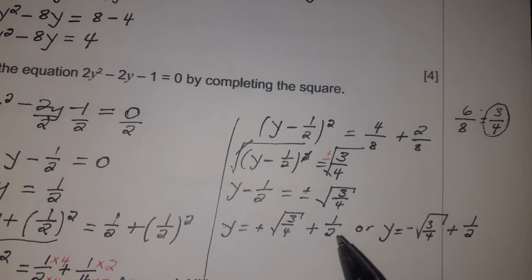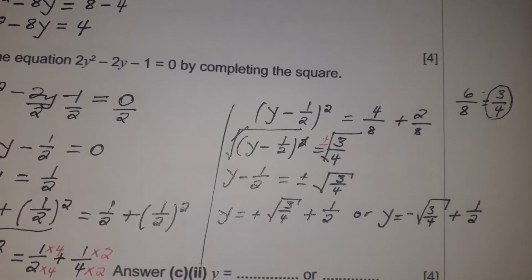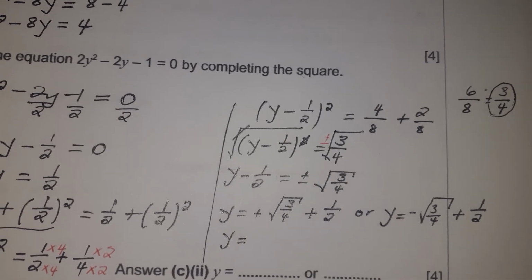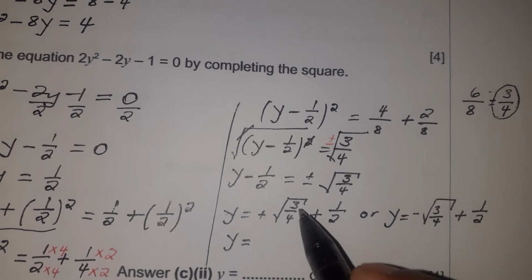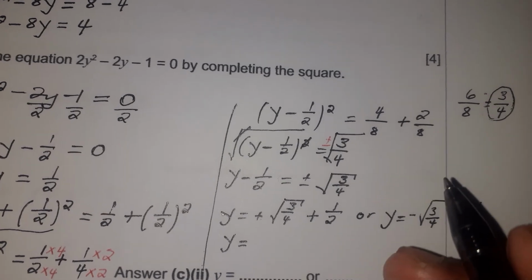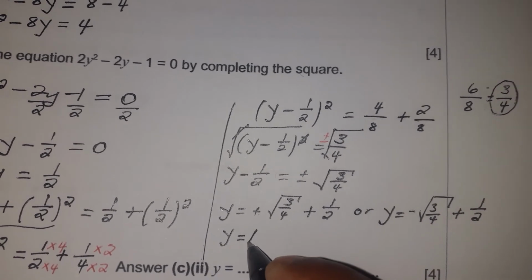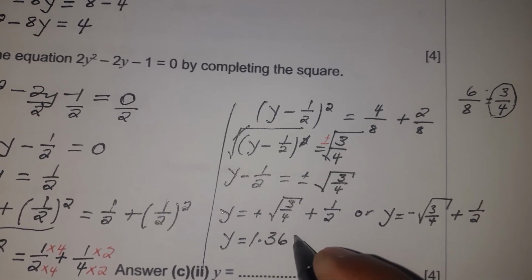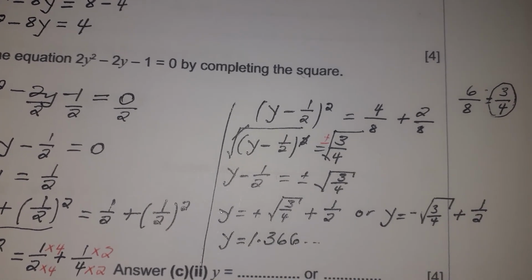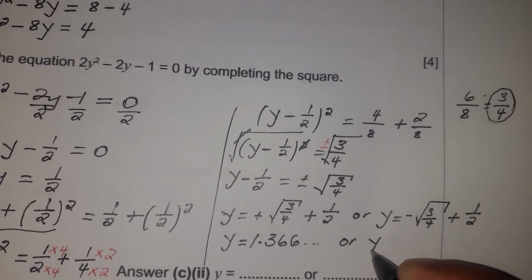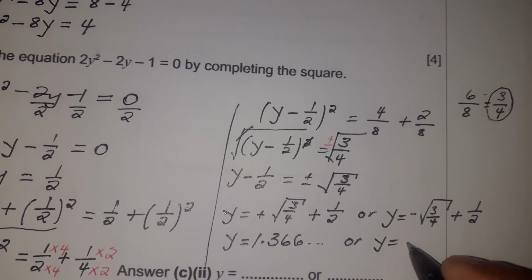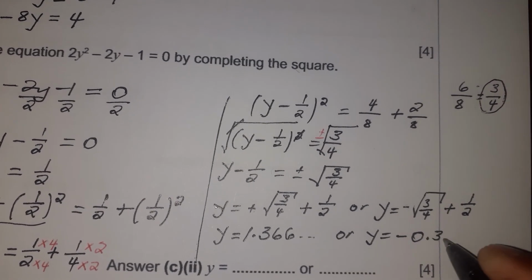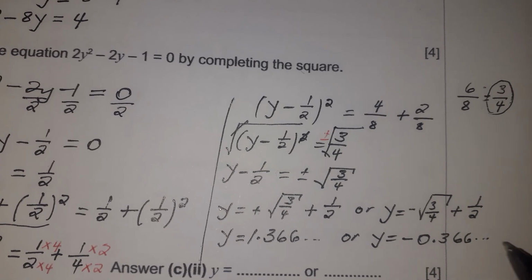Now if you punch that on a calculator, our first y, you should get 1.366 and some numbers, or on the other side you should get negative 0.366 and some other numbers.